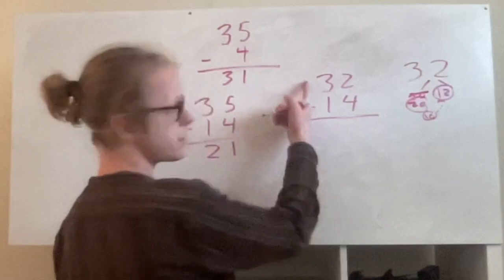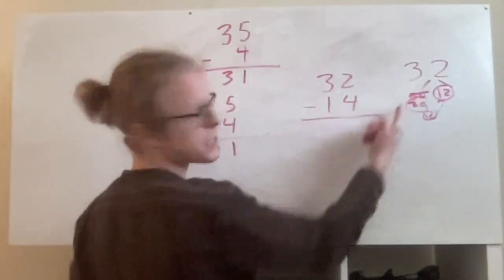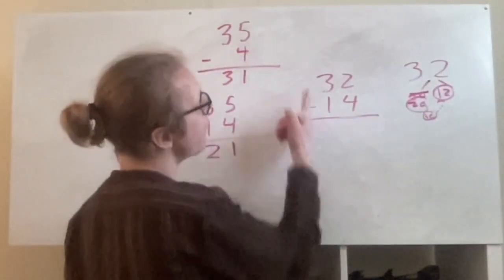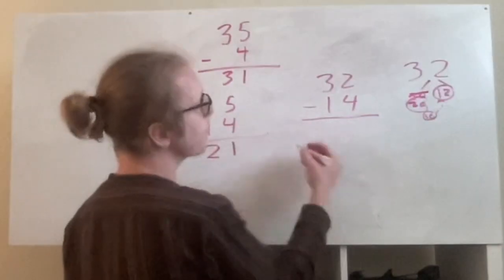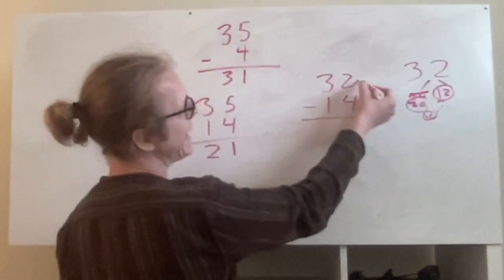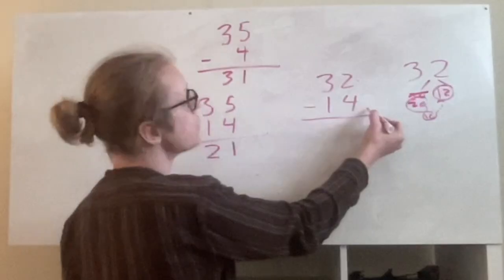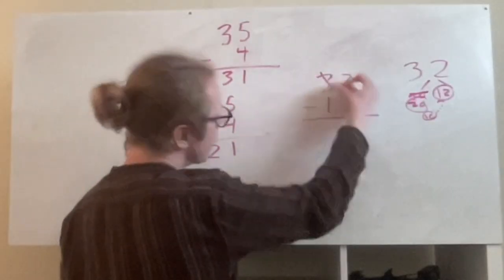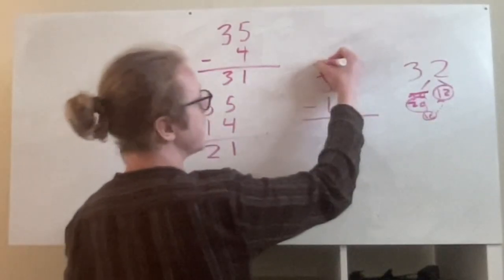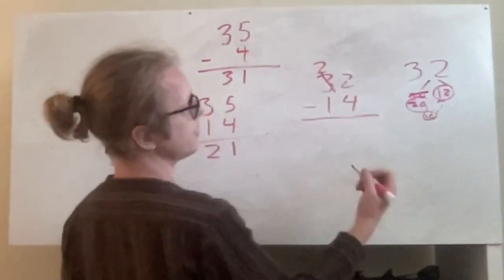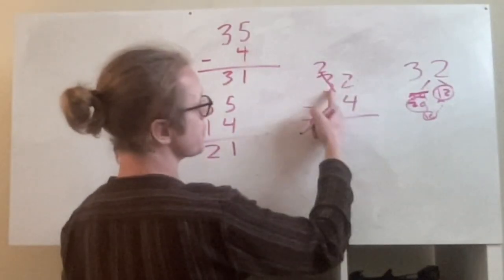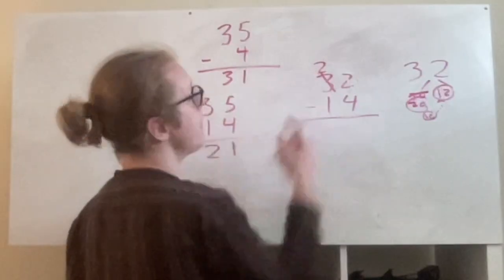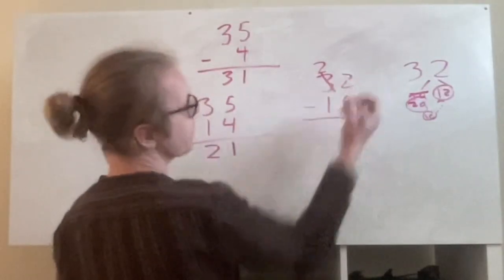Again, this is what's actually happening to the numbers. But the way it looks on the paper when we do it, we say, okay, I can't do 2 minus 4, so I'm going to cross off the 3 and make it a 2. The 30 just became a 20. And then here we have 2 choices.